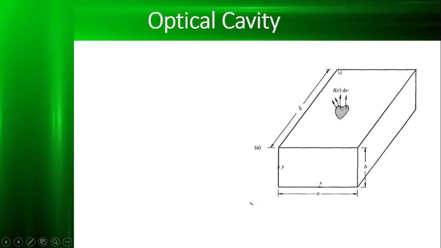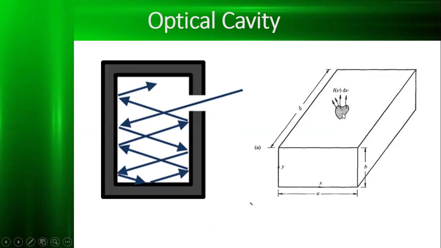Now, I will also close the two terminals of the waveguide, so it becomes something like a box. Mathematically or geometrically, we can call it a cuboid. But I will make a very, very small hole that can only permit light to go inside, but will not permit light to go outside the cavity. So it will be something like that.